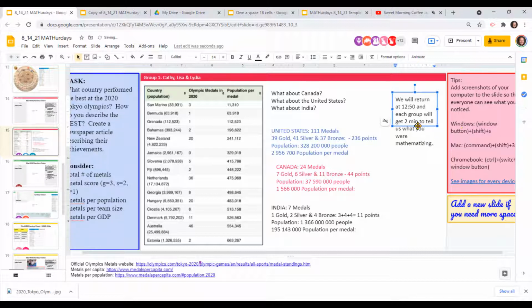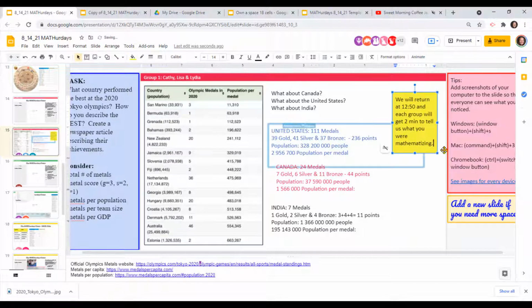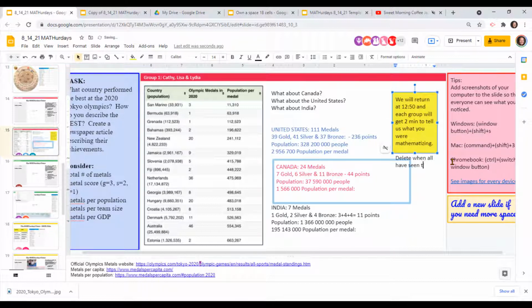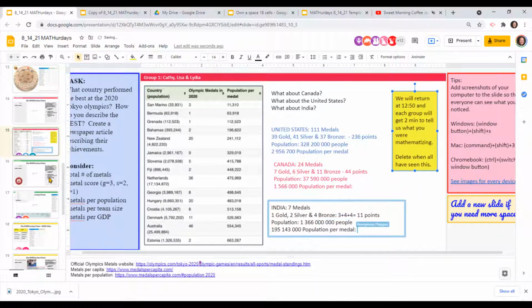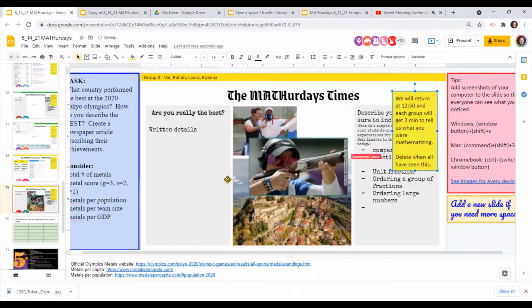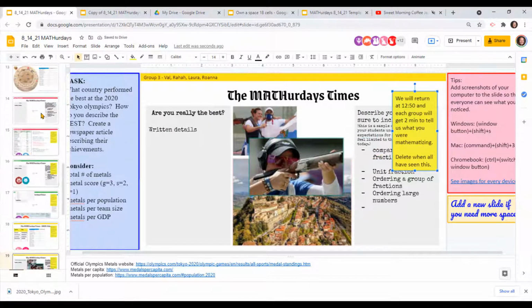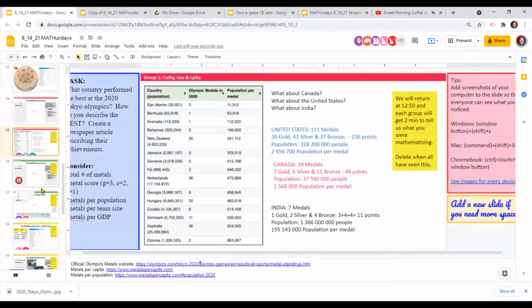Is that what you're saying? 67 million, that's how many? Do you want me to fix it to 67? Yeah, leave it 67. Okay. So this one is 28 and 23. Oh, okay.